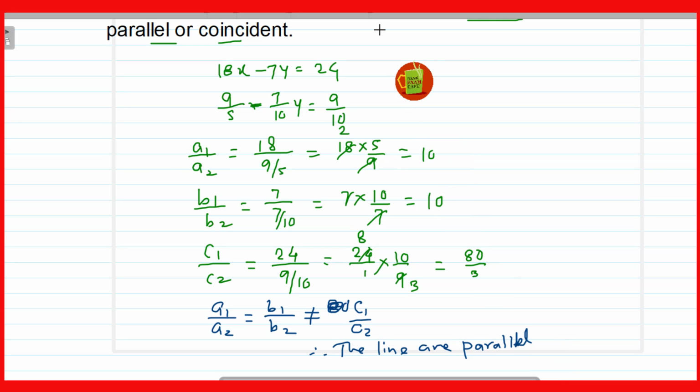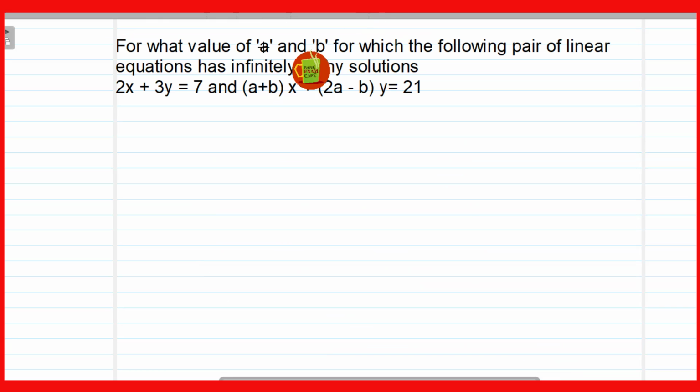Now move to the next question. Question is that for what value of a and b for which the following pair of linear equations has infinitely many solutions.